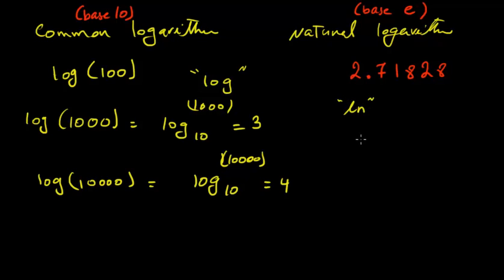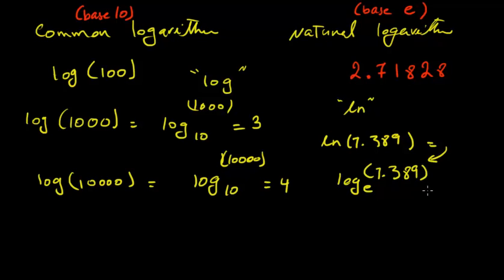It means how many times you need to use e in a multiplication in order to get a desired number. For instance, ln 7.389 equals, I'm going to write it here, log e of 7.389, which is not equal but approximately 2.